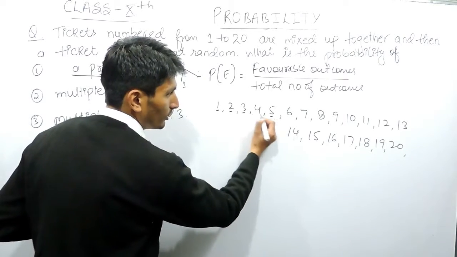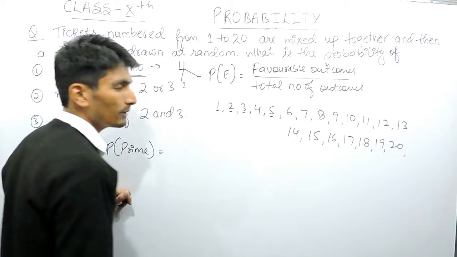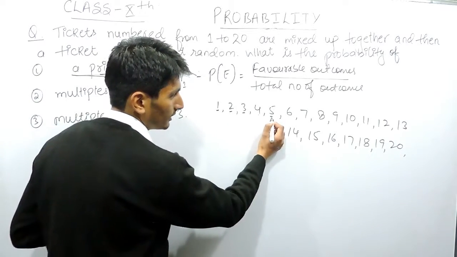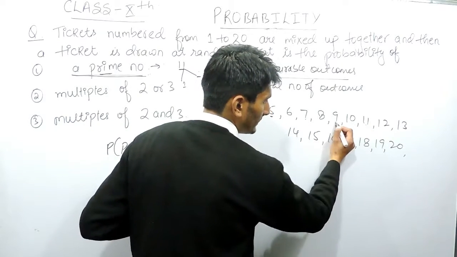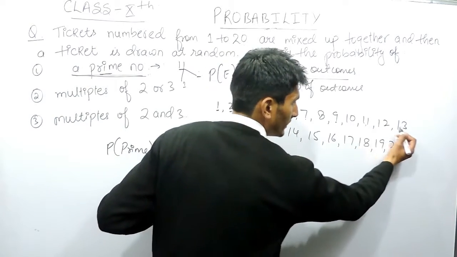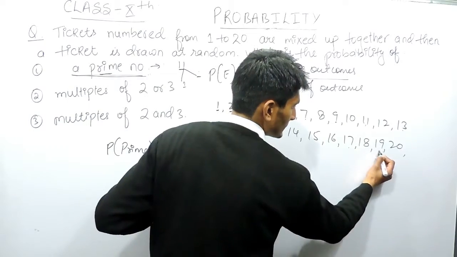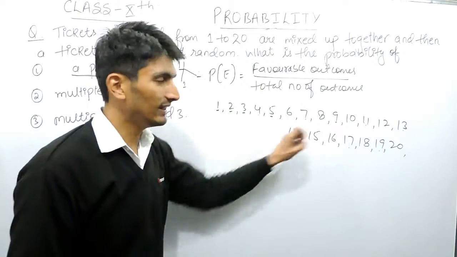This is third. 4 is again not a prime number because 4 is divisible by 2. So this is first, second, third, fourth, fifth. Again this is not a prime number. This is divisible by 3. So this is 5, this is 6, this is 7 and this is 8. So there are 8 prime numbers in this list.